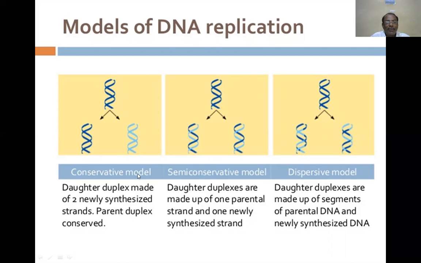This is a conservative model. Here both of them are separated, and each mother strand is producing the next strand. The mother strand is producing another new strand, and this is what is called the semi-conservative model.